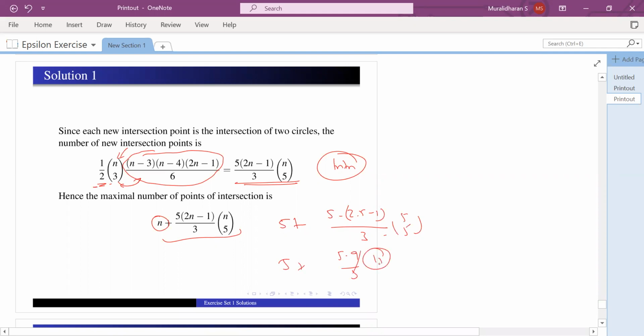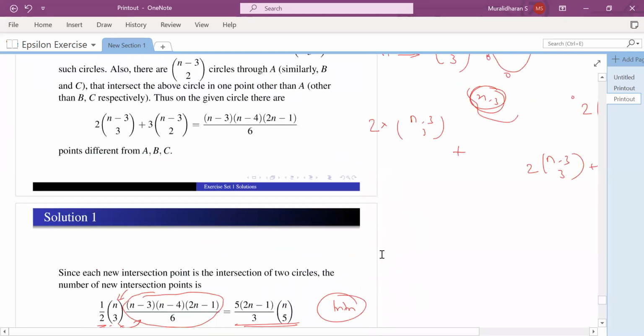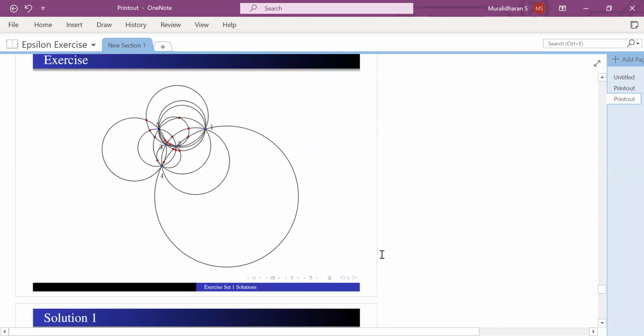So there will be 15 new points I should get. Let's see whether I got 15 new points. All the red points are the new points marked. This is 1, 2, 3, 4, 5, 6, 7, 8, 9, 10, 11, 12, 13, 14, 15. Sure enough, I get 15 if I start with 5 points.